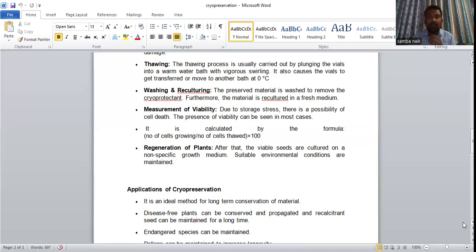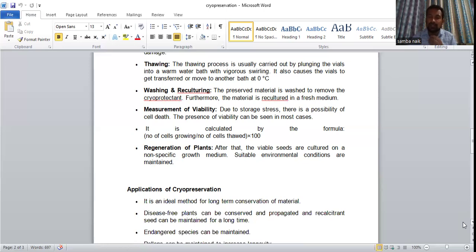After thawing, we wash the material carefully, and then we can reculture. After reculturing, measurement of viability is very important. Viability is nothing but the potentiality, the ability of the material to grow.